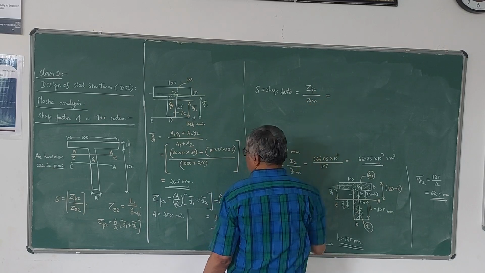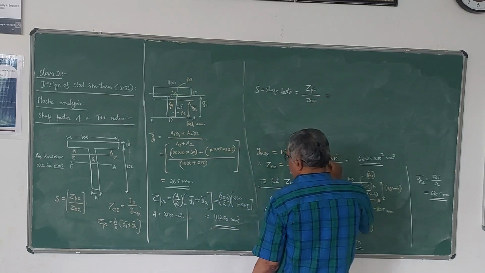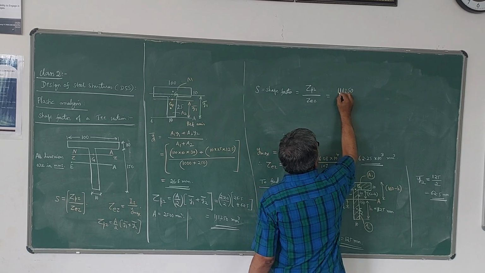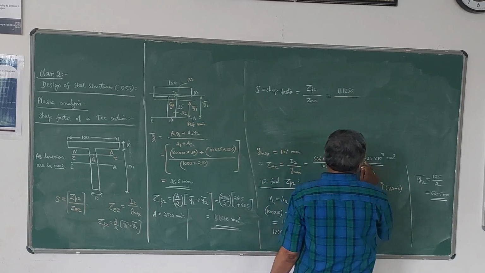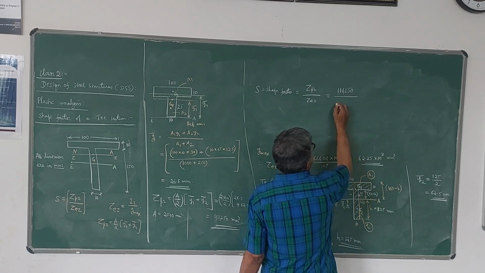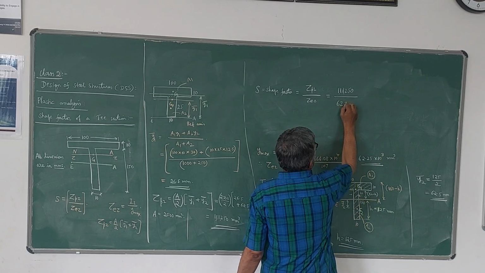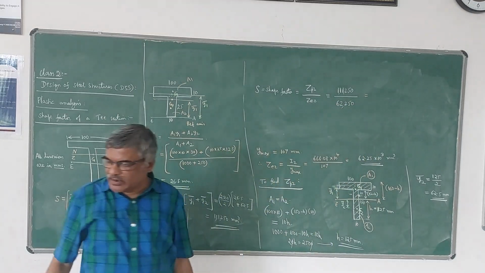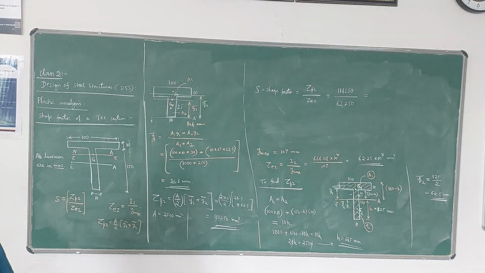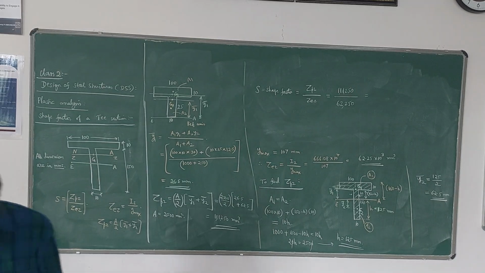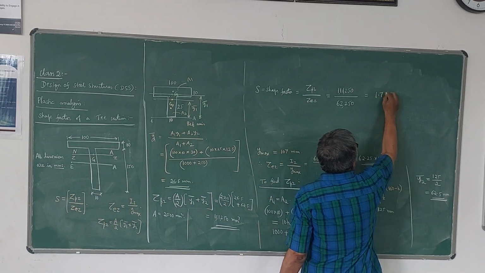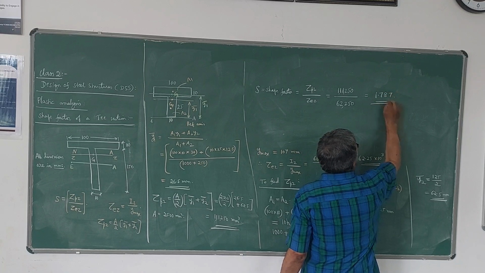Now if you substitute the values, ZPZ is 111,250 divided by ZEZ, which is 62.2 into 10 power 3, that means 62,250. Definitely it is greater than 1, numerator is more than denominator. So the value is 1.787. You can just check that: 1.787, which is greater than 1.